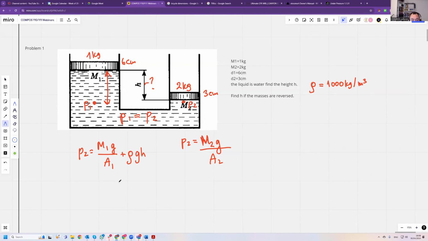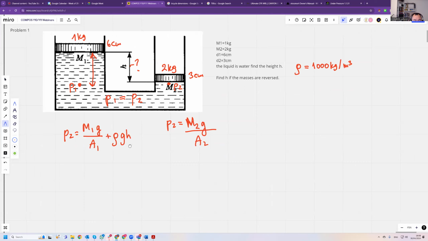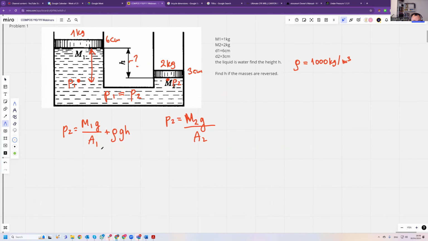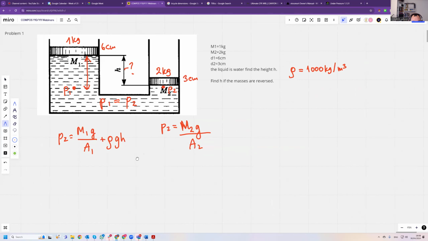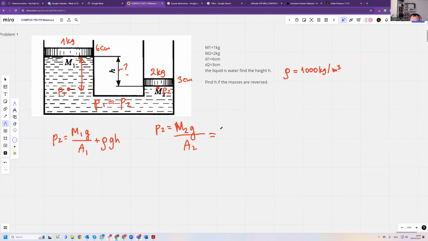Okay, and from here I can work out the pressures. So M2G: M2 is 2, G is 10, divided by A2.